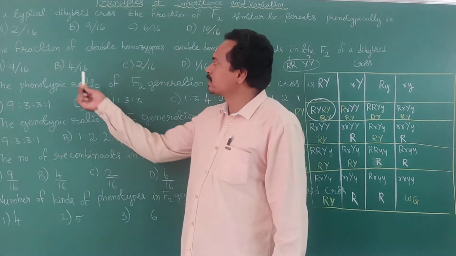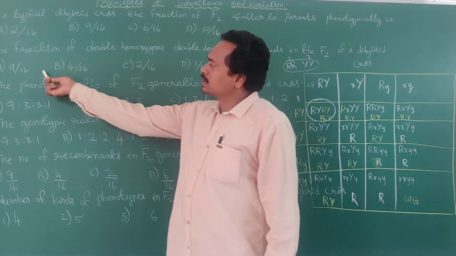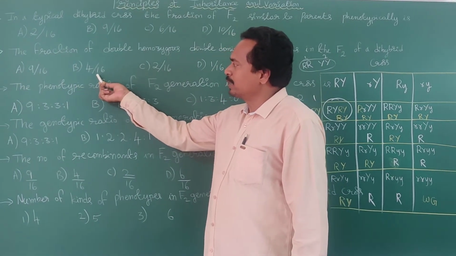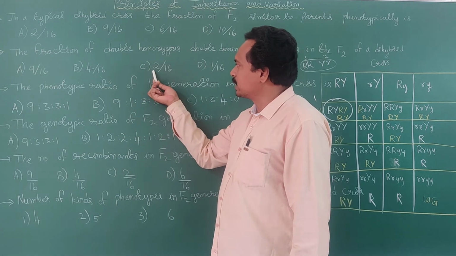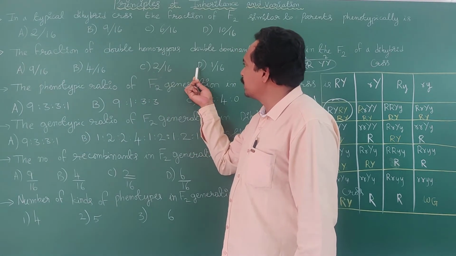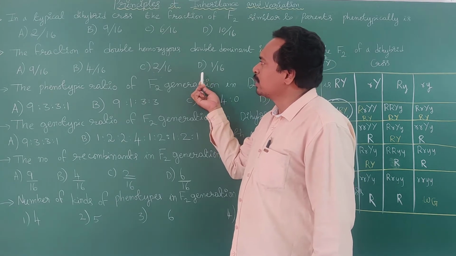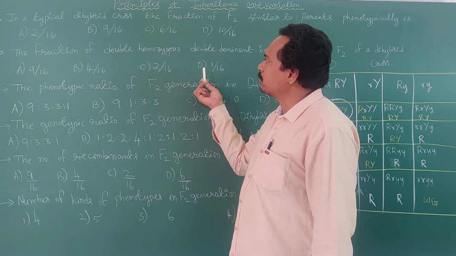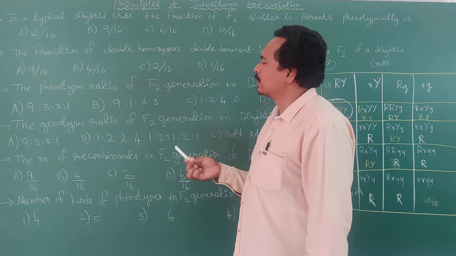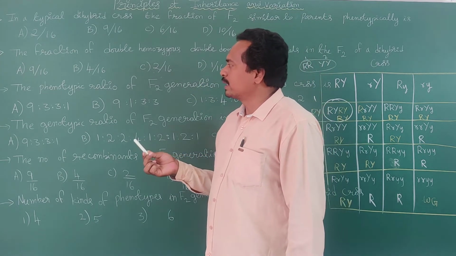What are the given options? Option A 9 by 16, option B 4 by 16, option C 2 by 16, option D 1 by 16. Among the 16 progeny, one progeny is a double homozygous, double dominant individual. Okay, is it clear?